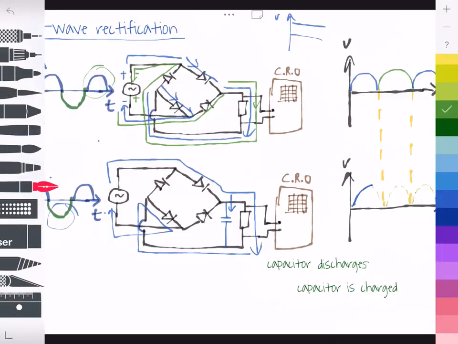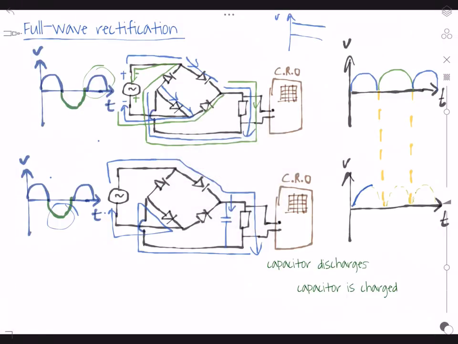Changed color again. So this time current flows from this direction. Current flows through both the capacitor and the resistor, and then it goes back to the power supply here.